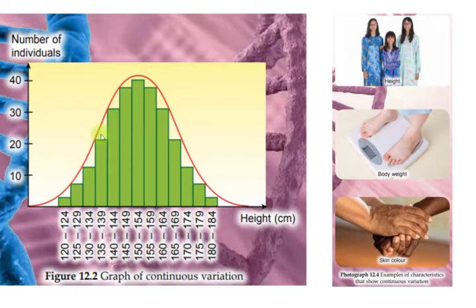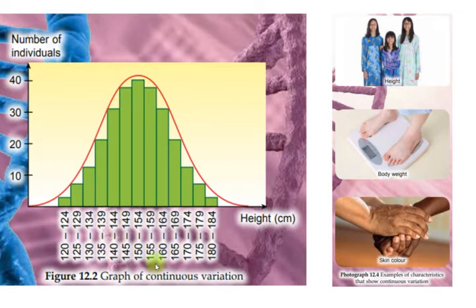We can see from the graph that most of the individuals in the population have intermediate characteristics or intermediate phenotypes. This is the graph of the height of the individuals in the population.